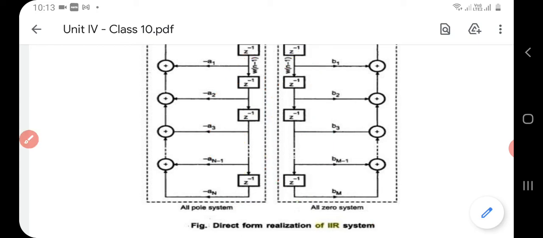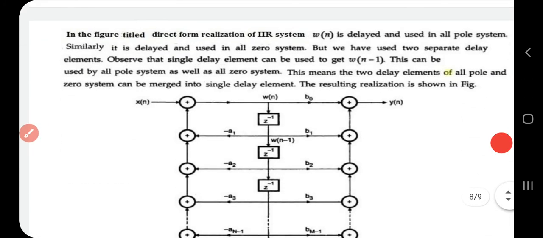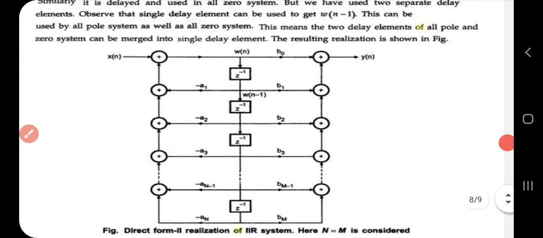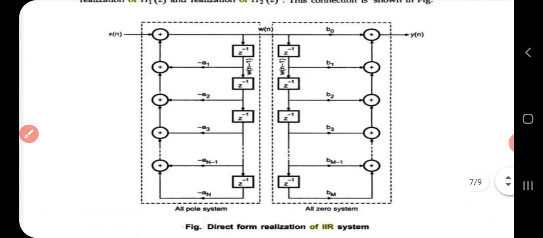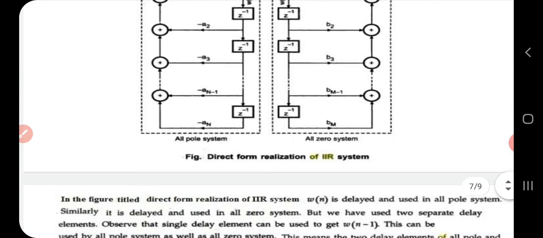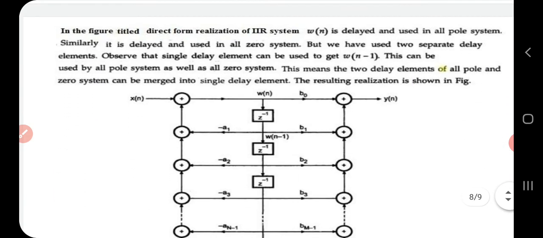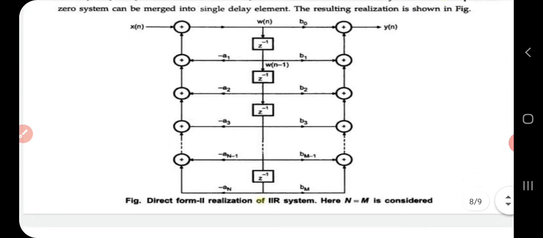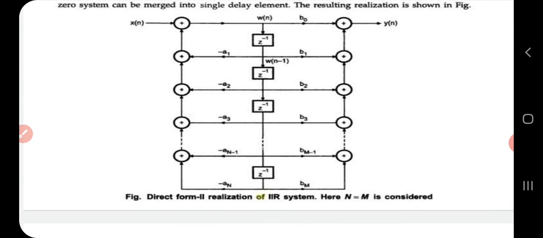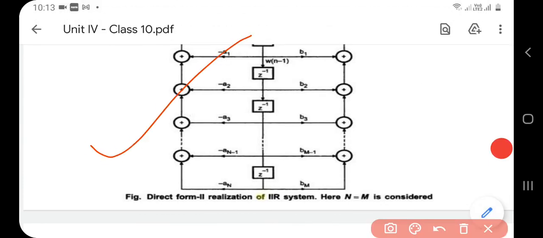Then you will get the final figure, that is that particular figure can be simplified as this. See, there is only one delay element. These two delay elements, that is the delay elements of H1Z and the delay elements of H2Z, are combined to get a single delay element, and you will get the final figure for direct form 2 realization. So this is the final figure for direct form 2 realization.